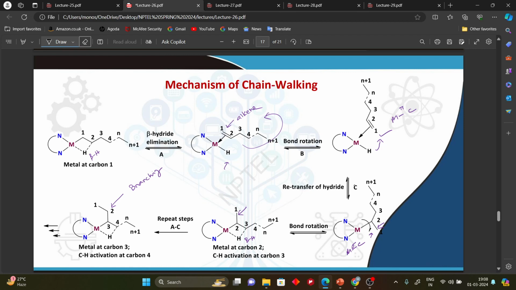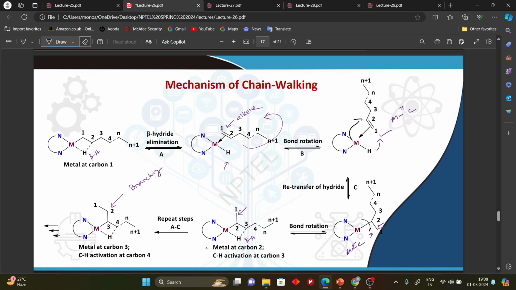Now when it returns, again that hydride transfer happens. Now that metal center, that active center, is in this two position, not one position. So initially from one position that long linear chain is forming. Now suddenly that bond rotation happens, and you have this kind of system where the active site of the metal is in the two position.